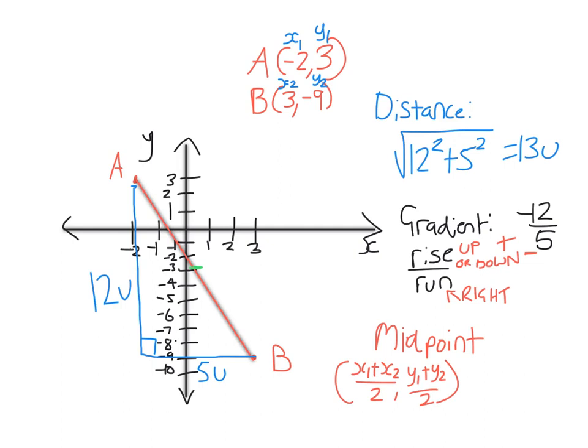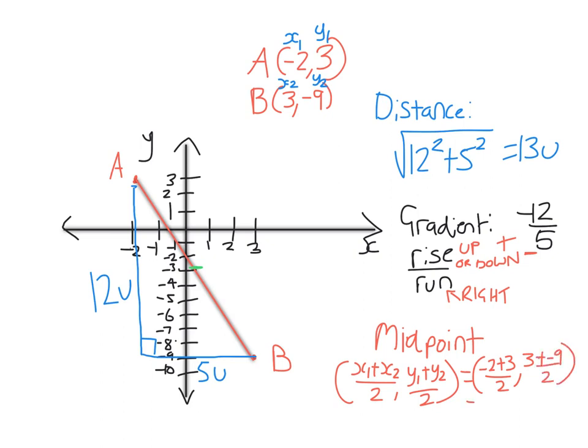So to find the midpoint, the middle of the x values, we just add these two together. So we add minus 2 and 3 and then divide by 2. So minus 2 plus 3, adding the two x values, dividing by 2. Similarly, we add the two y values and divide by 2. So we go 3 plus minus 9 over 2.